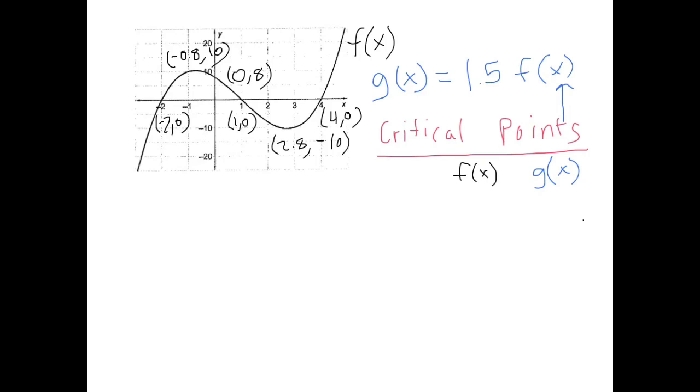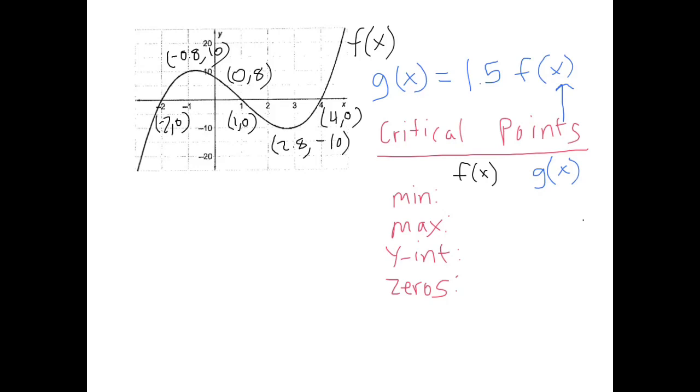We want to see what happens at the minimum, the maximum, the y-intercept, and the x-intercepts, which we will label the zeros, because at those x values the y value is 0.